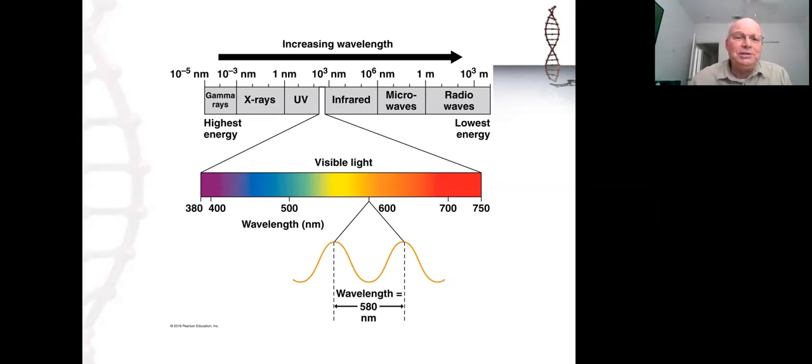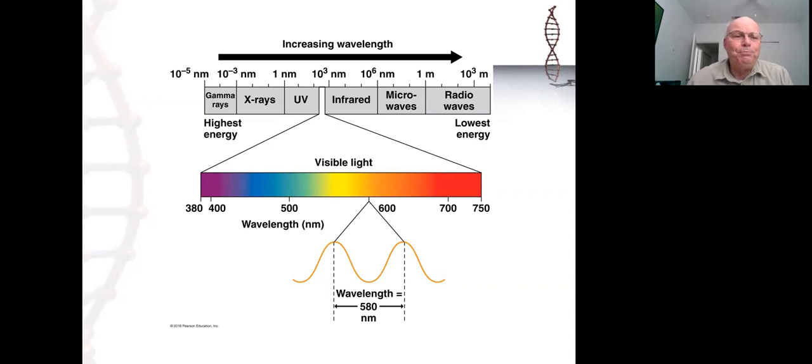Our eyes are sensitive to a set of wavelengths between around 380 nanometers and 750 nanometers. But it turns out that electromagnetic radiation has a wide variety of wavelengths, some of which we can detect in other ways. So infrared, which lies at a longer wavelength, above 750, you have red and then infrared.